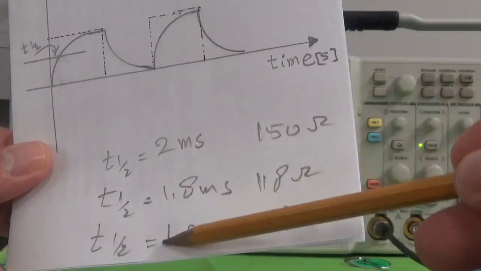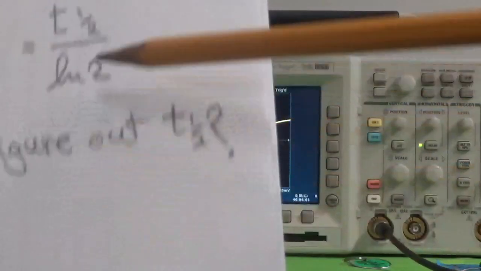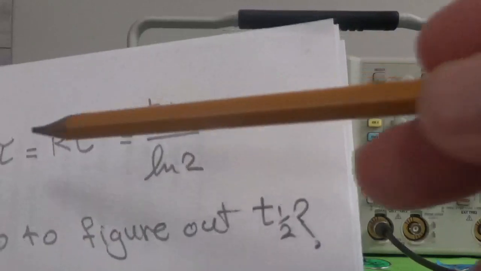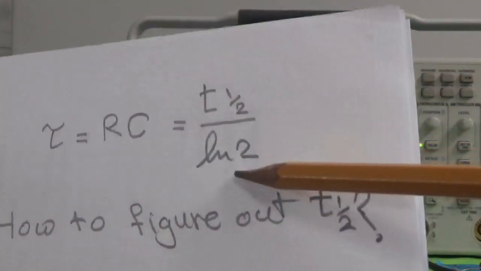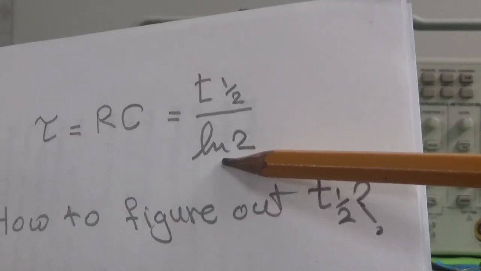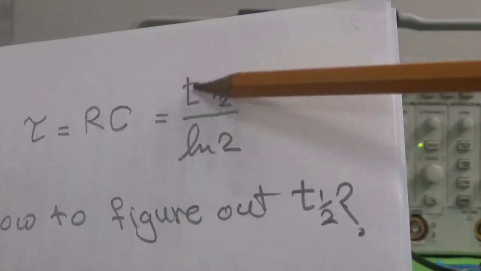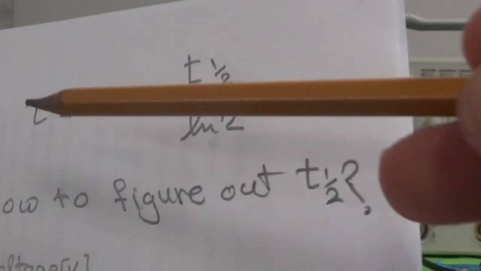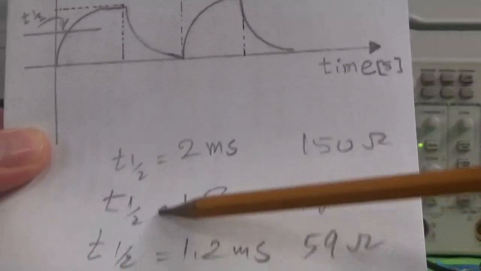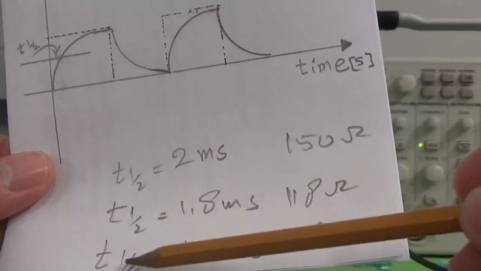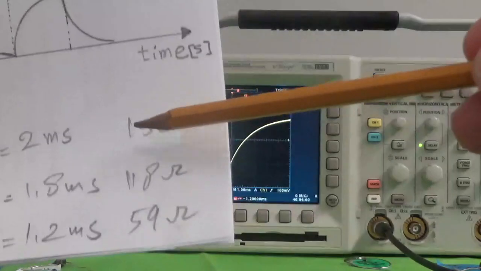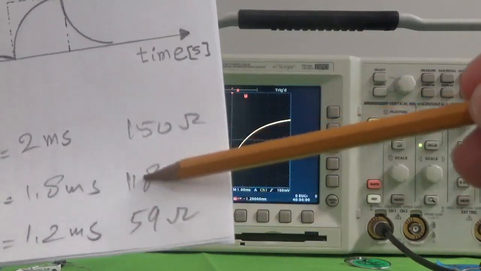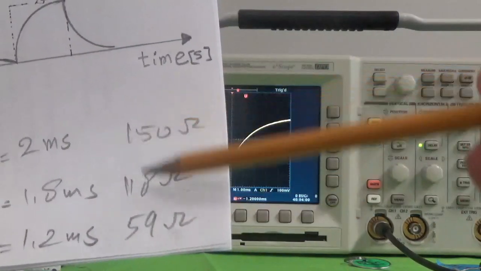So by knowing t-half, you can go to this equation. So we can see that tau is equal to t-half divided by ln2. Okay? So you need to divide t-half by ln2 to figure out the time constant. You can see that we have the t-half values here for several resistors that we used, so you can include them as well.